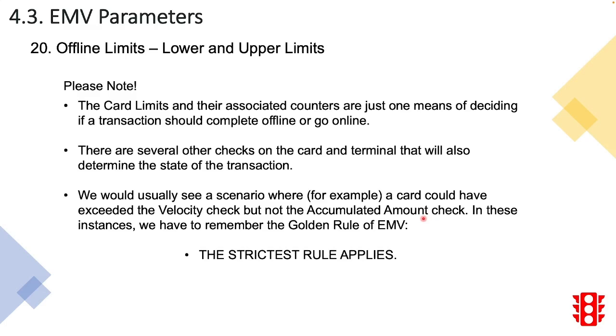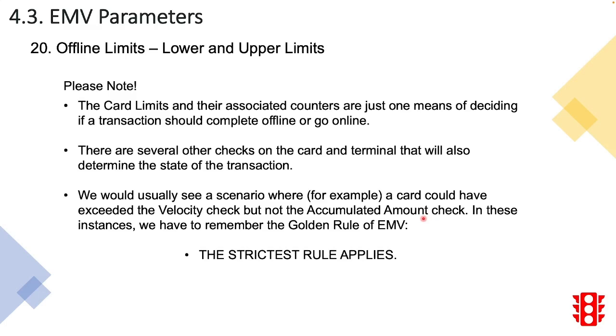The stricter rule here would be the breach. Remember, strictest rule applies in EMV. We always look for a reason to decline a transaction first, then to send it online, and then as a last resort, approve the transaction offline. So the strictest rule is decline it.